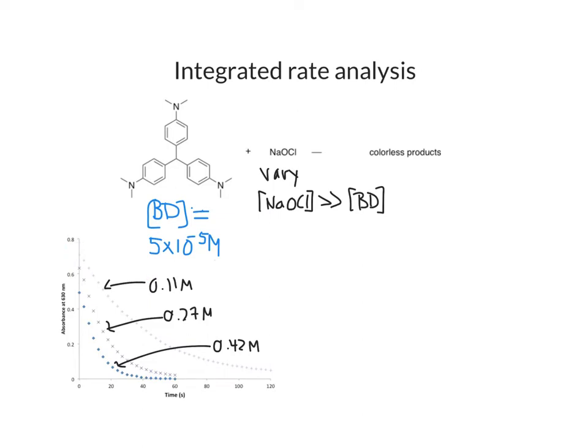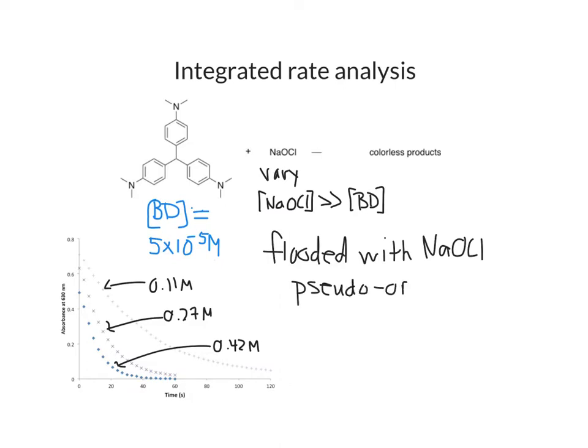This type of reaction condition is called flooding. So I've flooded the reaction with bleach. Or sometimes we call this pseudo-order reaction conditions, because what this is going to do for us is to make this reaction look like a reaction which has the same reaction order as the blue dye.